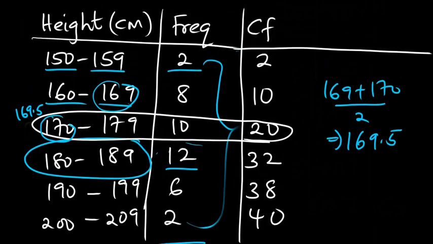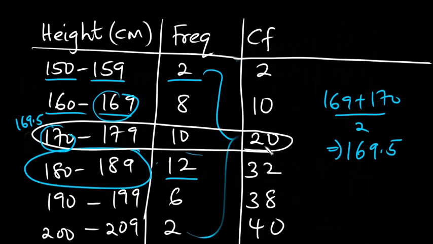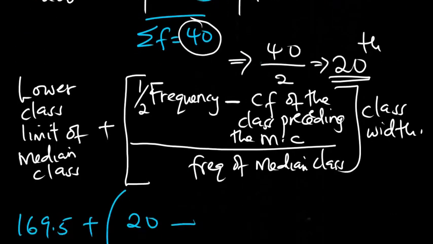The cumulative frequency of our median class is 20, but that is not what we want. We want the cumulative frequency of the class preceding the median class, which is 160 to 169, and has a cumulative frequency of 10. So that 10 is what we are going to use.